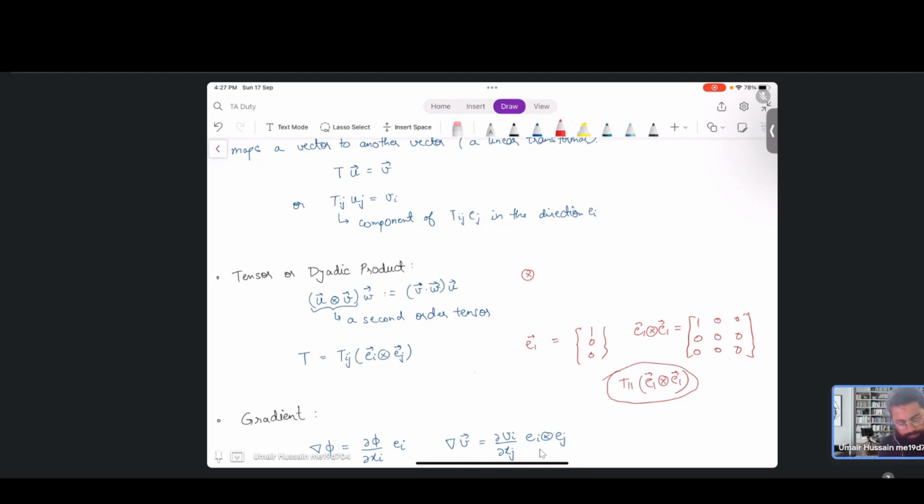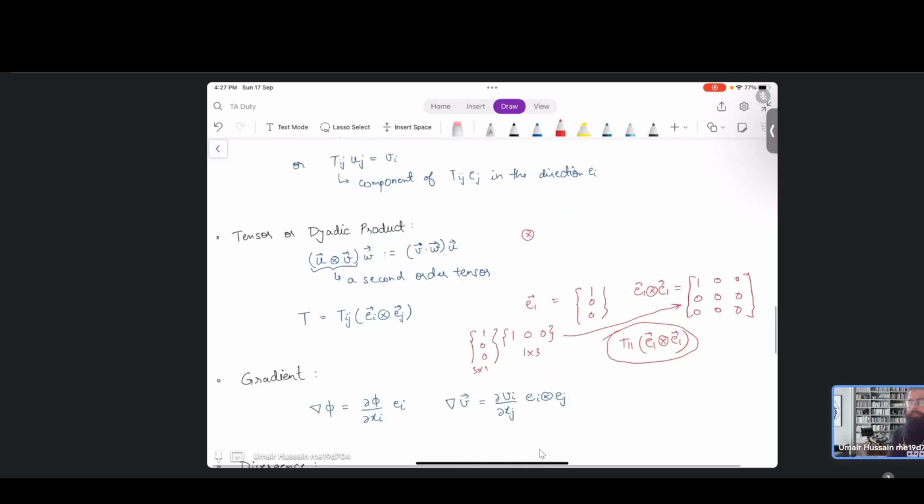The way to take the direct product is we multiply the column with a row. So if we multiply this, we get this matrix, 3 cross 1, 1 cross 3.